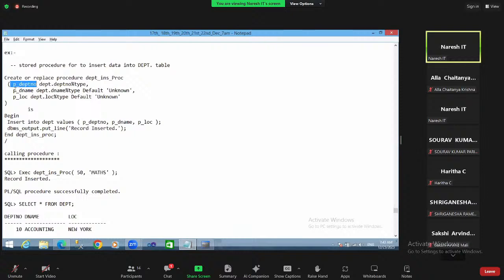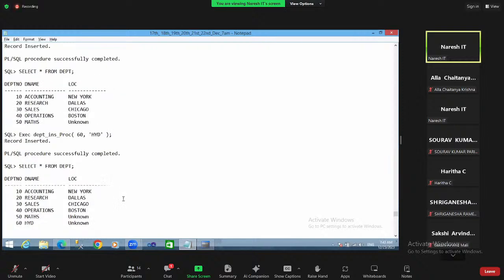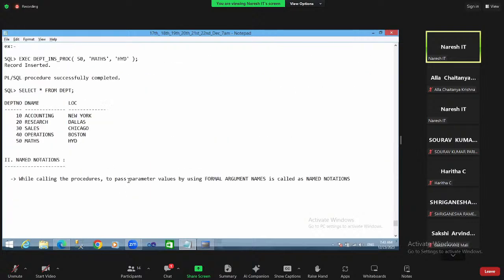These are called formal arguments: P_DEPTNO, P_DNAME, P_LOCATION. So while calling the procedures, we are passing values by using formal argument names. That is called named notation, guys.